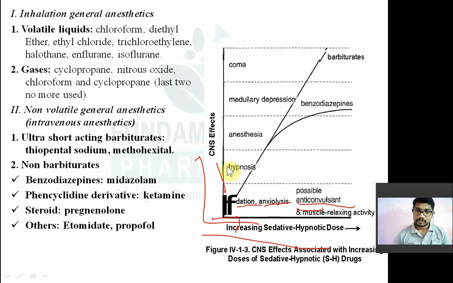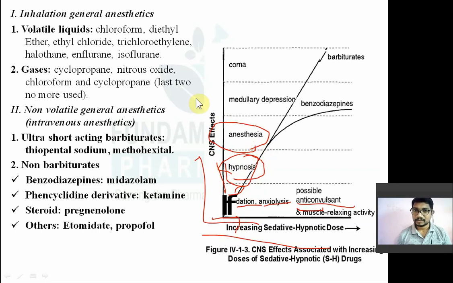Initially, at a lower dose it will cause a calming effect, that is sedation. Then it can induce sleep, which is known as hypnosis. Increasing the dose further induces anesthesia.